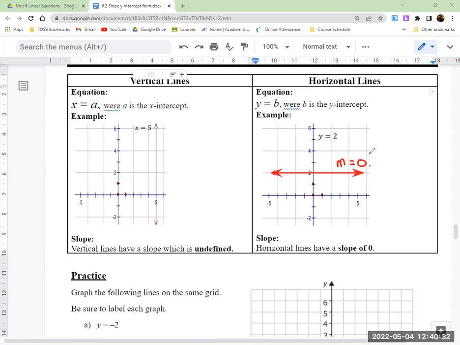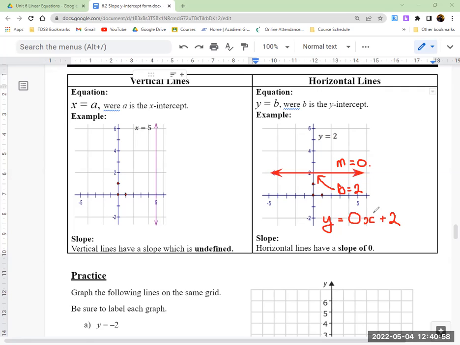Right? What's my initial value, aka what's my y-intercept? It's a 2. So my m is a 0, my b is a 2. If you plug this into the equation, what do you get? 0x plus 2. Would you agree? Slope is a 0, my y-intercept is a 2.